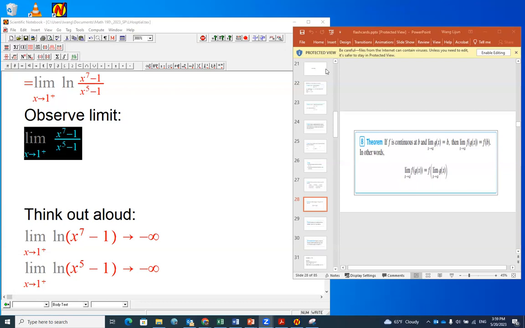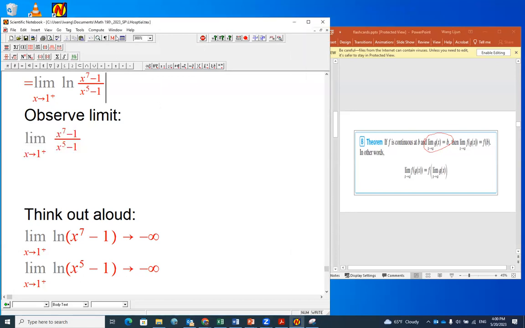So what I'm trying to do here is mark the condition we're checking, which is the limit of the inside function. So our g is here, right? This is the g. If you compare our situation with this theorem, what is the f?